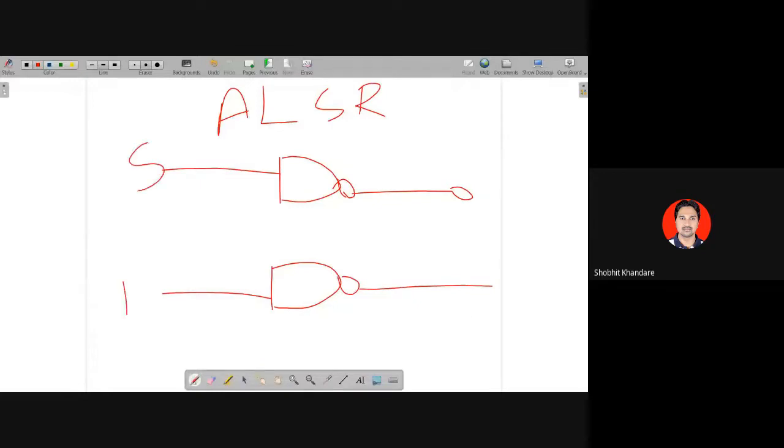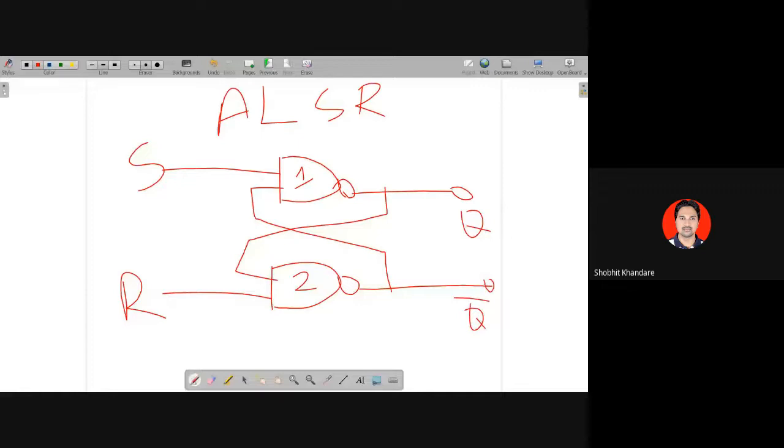See here you have S, here you have R. Output of this given to the input of this. This is NAND 1, this is NAND 2. And output of this crisscross coupled with this. So here you will have Q and here you have Q bar.